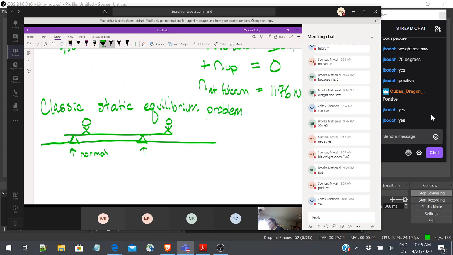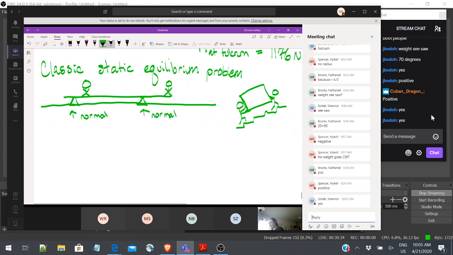Might not be the same. If you've ever carried a really heavy object with someone, especially up or down stairs, you have this debate about who's carrying more weight, right? That's a classic static equilibrium problem.